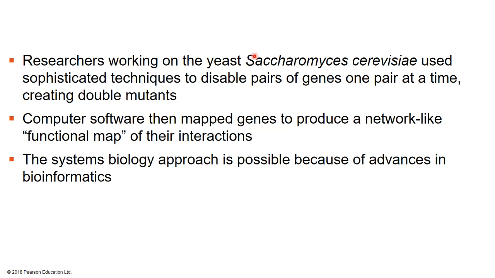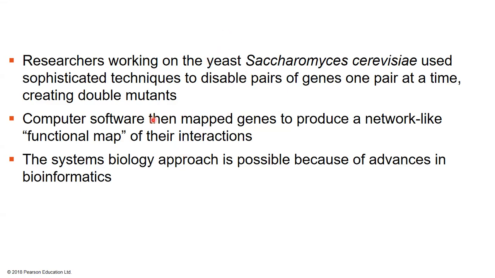So the next step was to use computer software to analyze the different pairs of genes deleted and the mutant phenotypes generated. And this was the approach to come up with a map that will basically allow scientists to draw conclusions about the interactions between the genes in this type of organism.